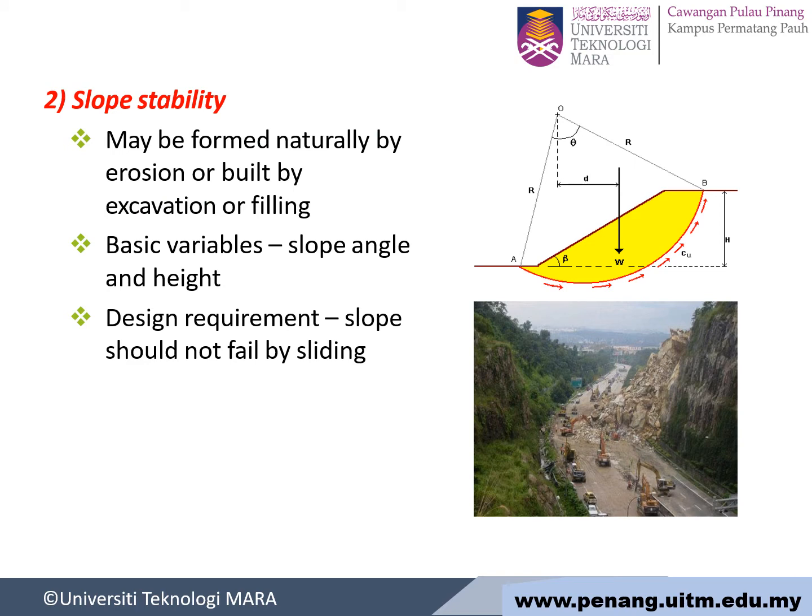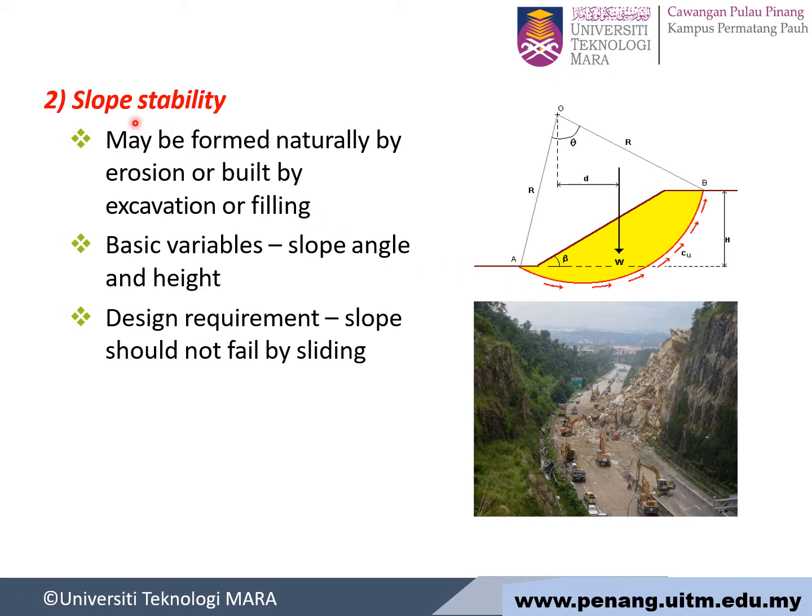Second is slope stability. If you see here, this one is slope. This is slope failure, and the mechanism of slope. You have the force here, you have the C, you have the phi, and then you have the angle. And then you have to do some calculation to know the slope gradient, and then you have to know what is the factor of safety.